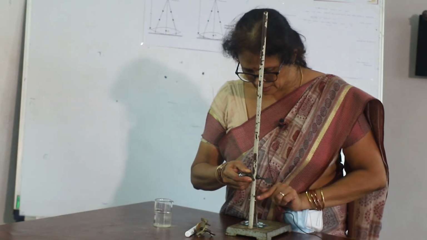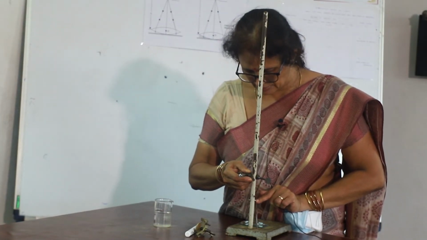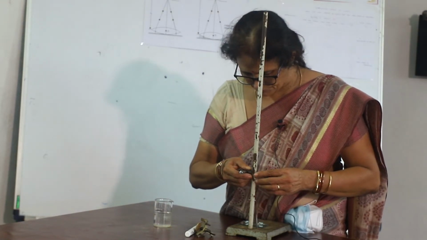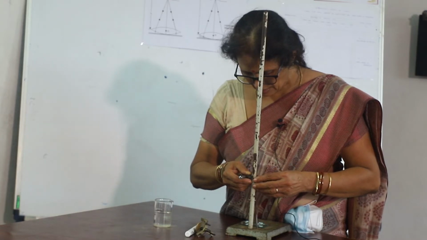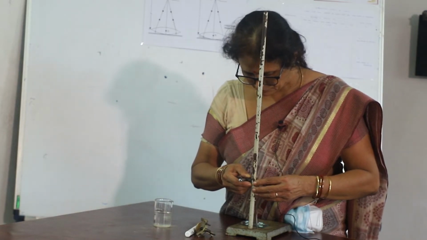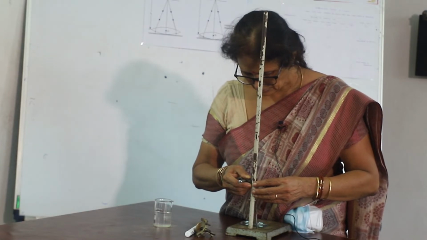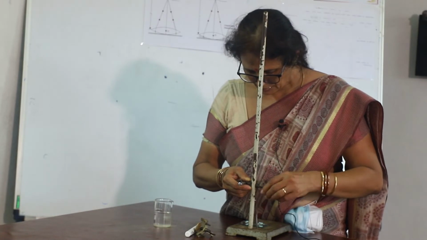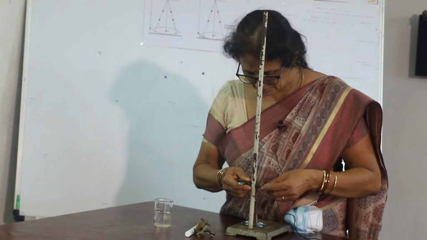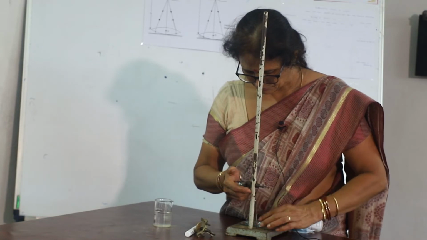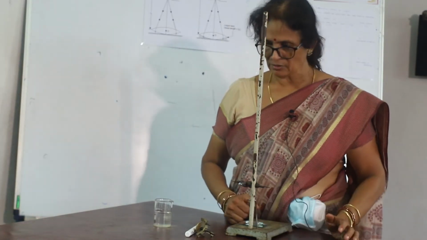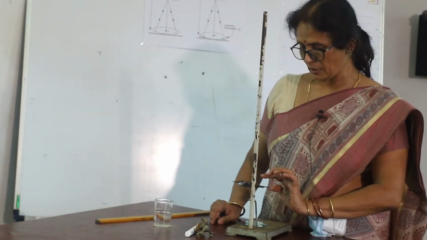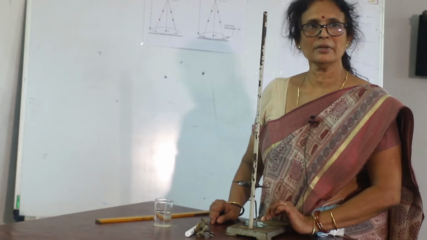Here you can see the real inverted image on the lens surface. Seeing that, we have to move the needle upward and downward and focus it at such a position that the needle coincides with the real inverted image of it. Now this position is the focal length of the convex lens.